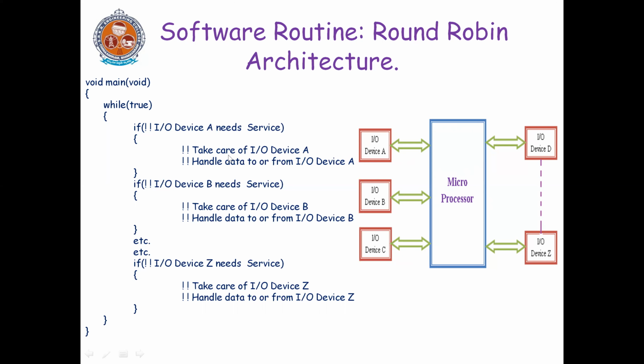That's why everything is given in a continuous loop. For each and every device, we check: if IO device A needs service.